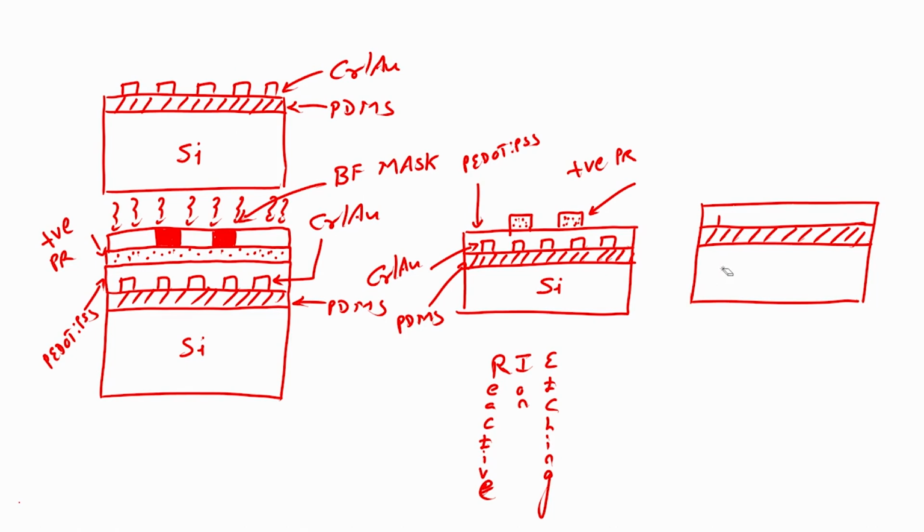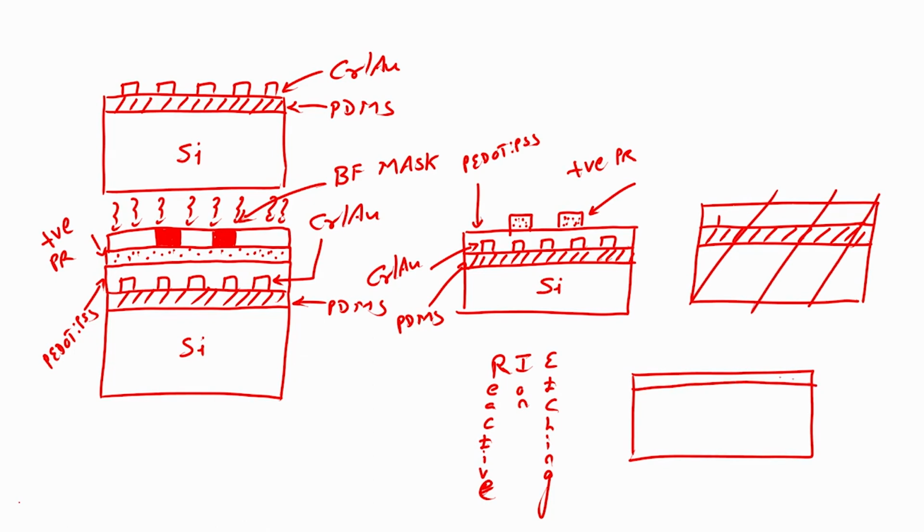okay, let me redraw it so it becomes easier. Let me redraw it here. I will have my wafer. So, let us not consider this particular diagram. This is my PDMS, then interdigitated electrodes, and then I will have my strain gauge.